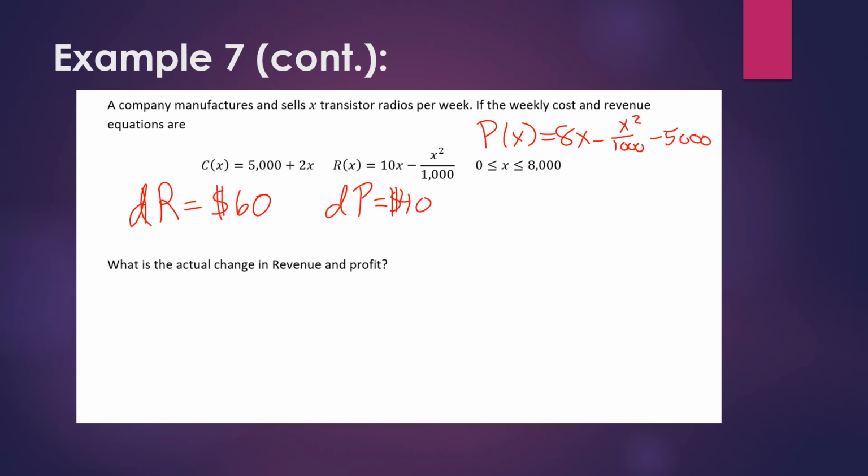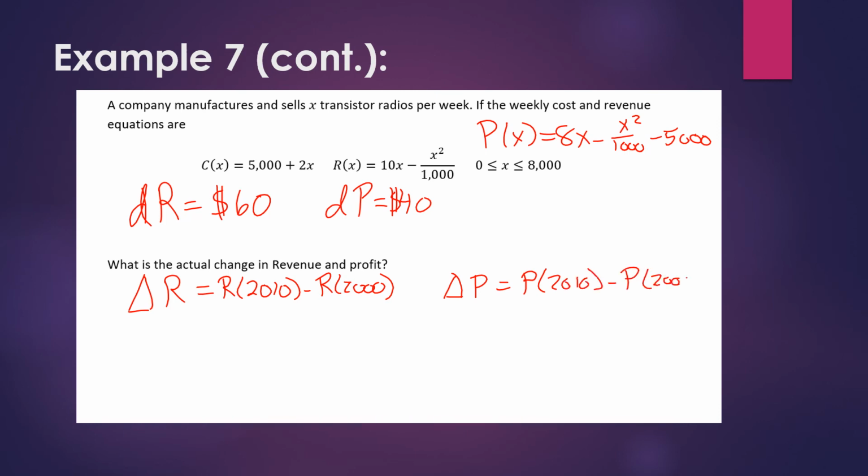To find the actual change in revenue and the actual change in profit, our delta R and our delta P, it's just going to be R of 2010 minus R of 2000. And delta P is going to be the profit at 2010 minus the profit at 2000.